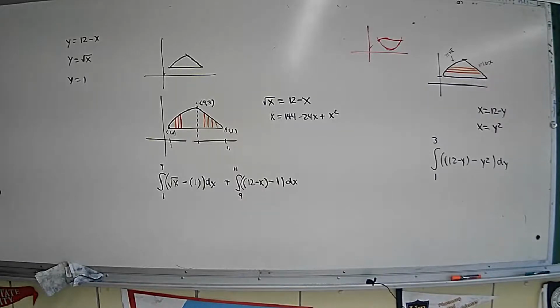Okay, so, Nicole, on this one, they said between x equals -1 and 1, right? So the two graphs look like this. But they told you between x equals -1 and 1, so you're going to go from here to there.